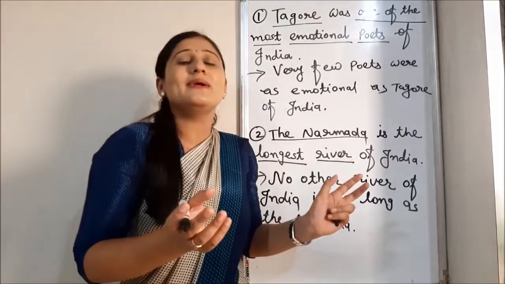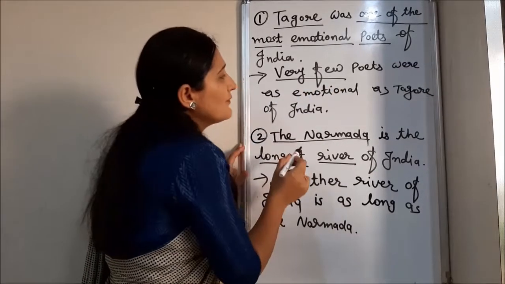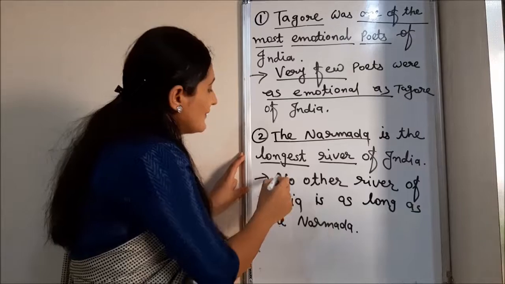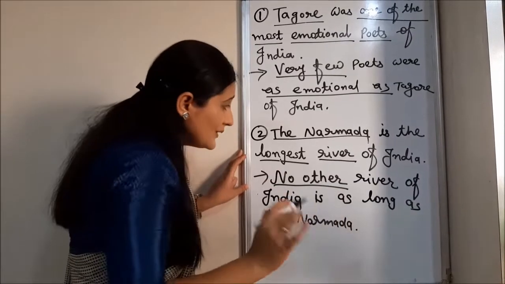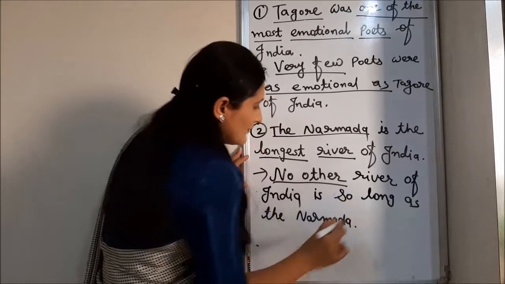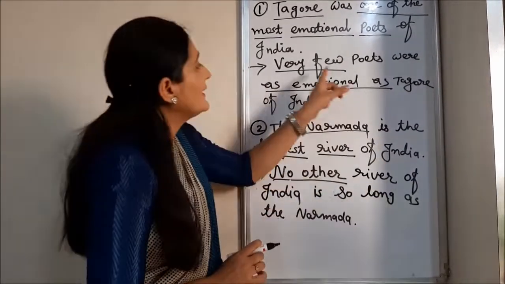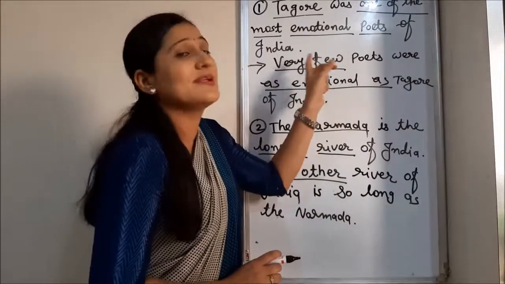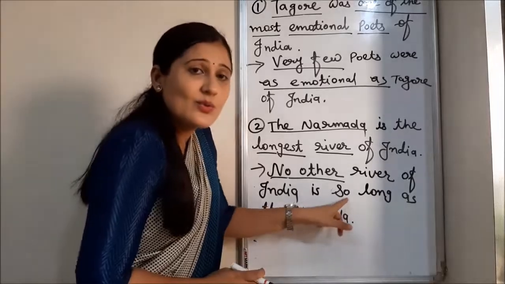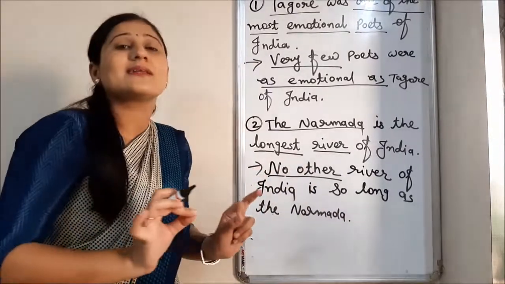Both subjects will be interconnected, and with very few you need to write as adjective as, and with no other you need to write, by mistake here, there should be so. Sorry. There should be so adjective as, right? Here as adjective as with very few. Here with no other you should write so adjective as, and then exchange the subject, nothing else.